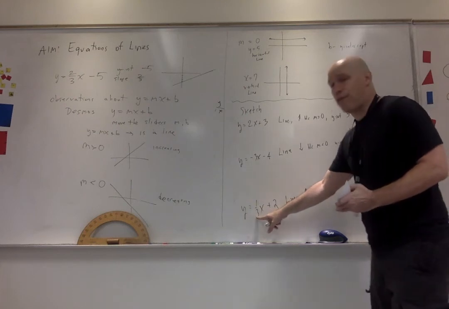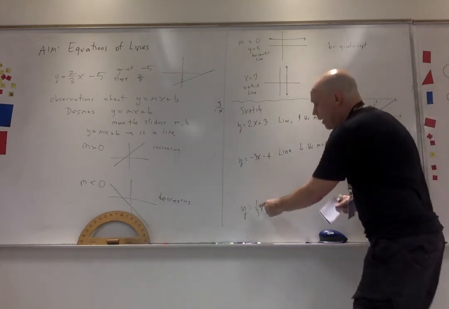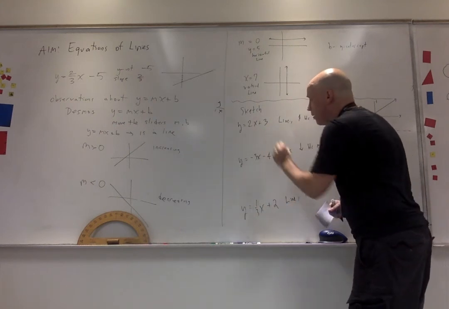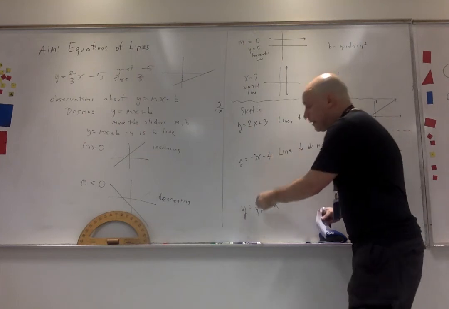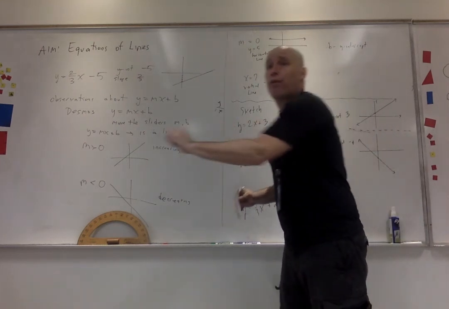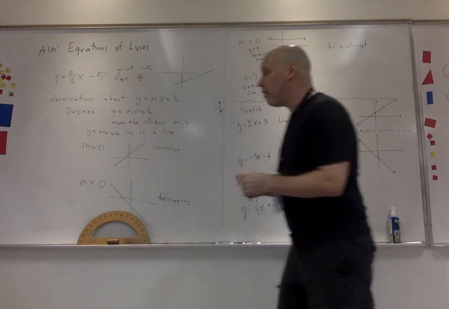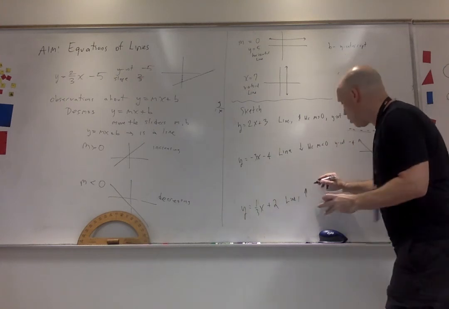I don't care that it's a fraction. That number is positive. We know it's increasing. It's not increasing as much as 2x. It's not as steep as these two hills, but it's still increasing. We're only going up 1/3, up 1/3. But it's still increasing, and that's good enough for my sketch.